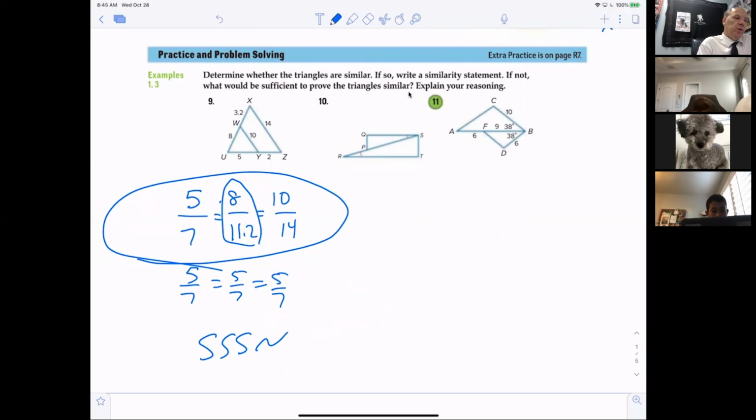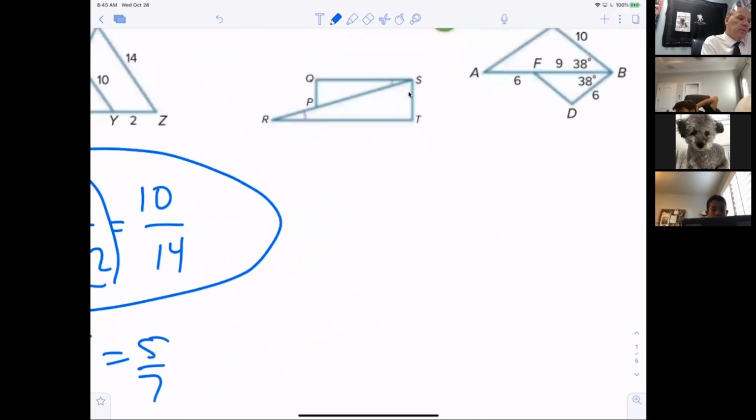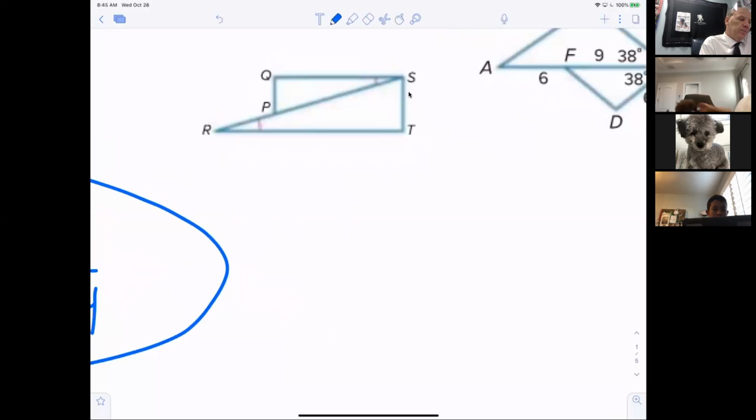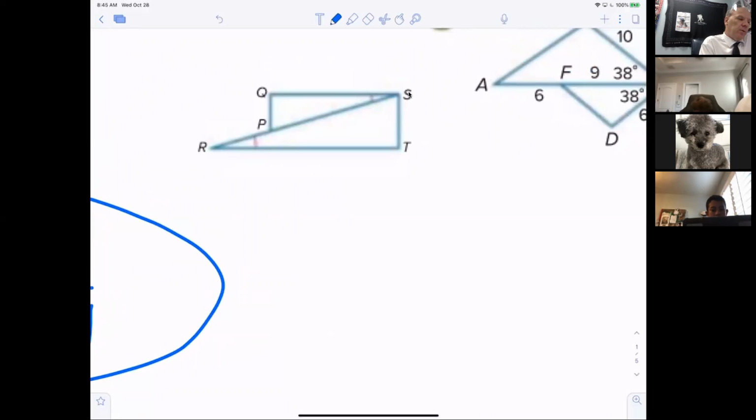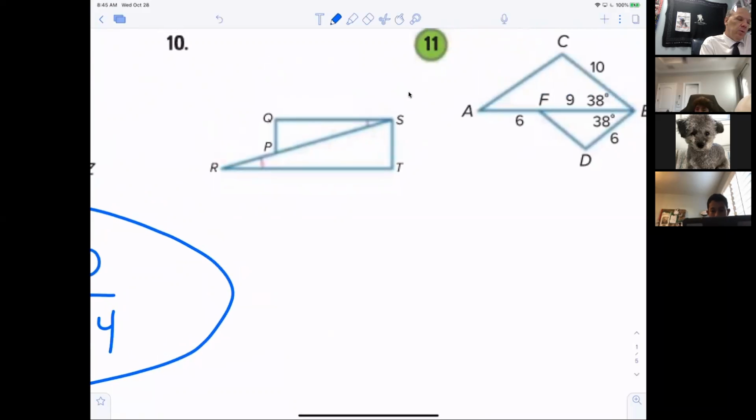Ooh, this is a good one. Or I'm sorry, number 10. Well, it's dealing with an angle, right? So that means the quickest way is to try to find another angle. Do we know it's a right angle?